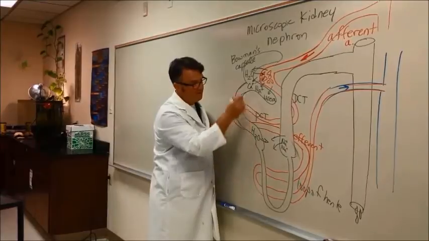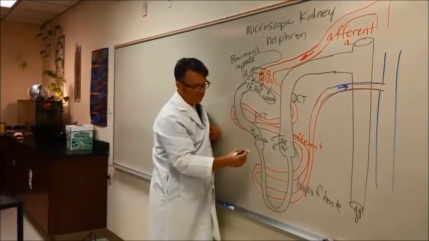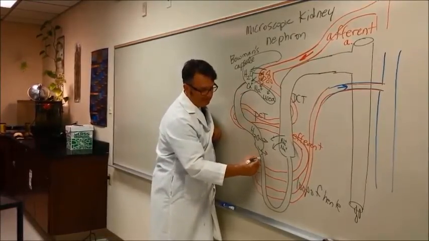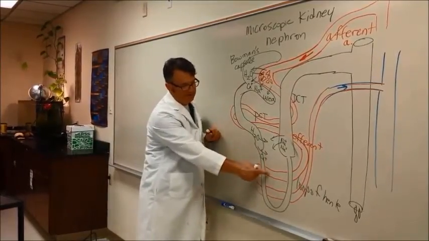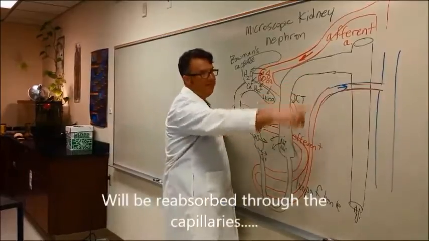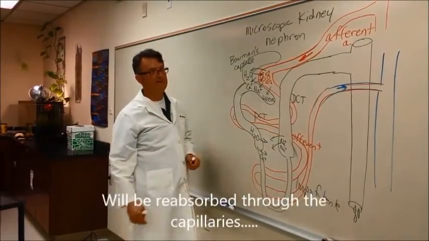And most of these other things will exit as well. A lot of this stuff will wind up back into the medulla, and it will be absorbed back into these and make its way back through the blood, back into the circulation.